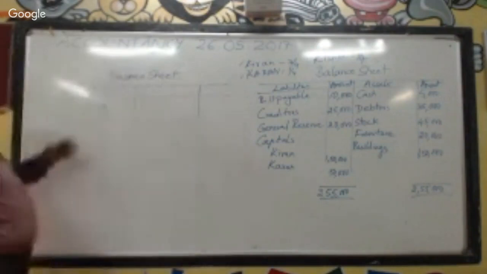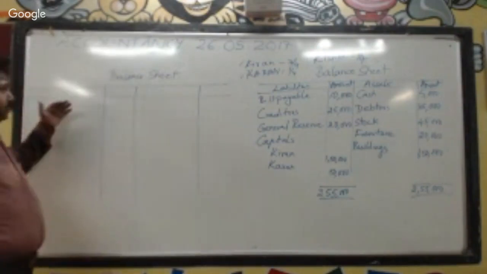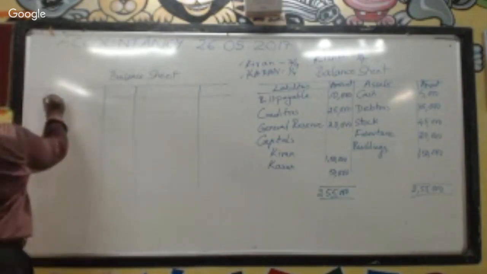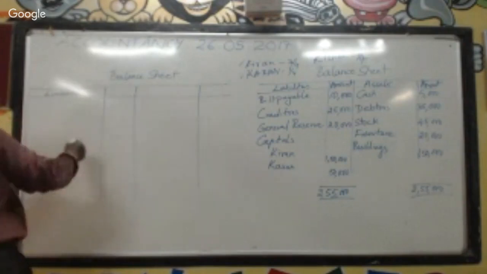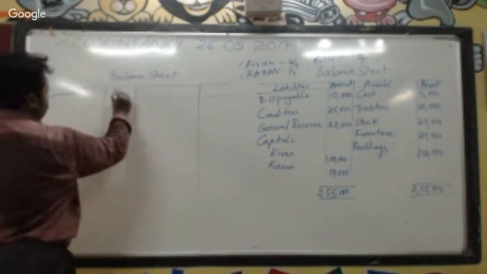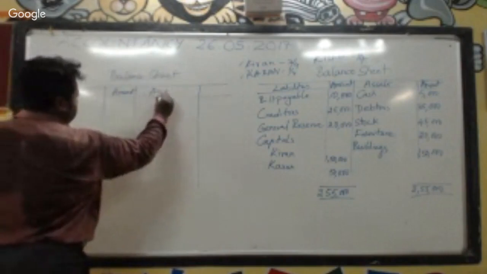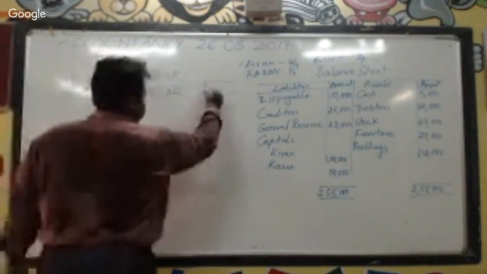We should not call them debit or credit. In the balance sheet, on the left hand side we have the liabilities, this is the amount column, this is assets, and this is the amount column.